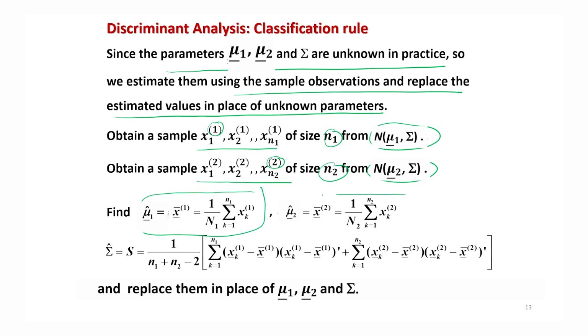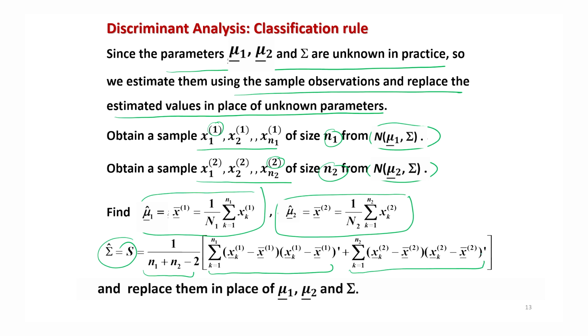Then using the first sample, we can estimate the population mean vector by the sample mean vector, and using the second sample, we can estimate mu2 by the sample mean vector of the second sample observations. We can estimate the sigma matrix by S, like this: 1 upon n1 plus n2 minus 2, times the summation of xk minus x bar from the first sample and the similar quantity from the second sample.